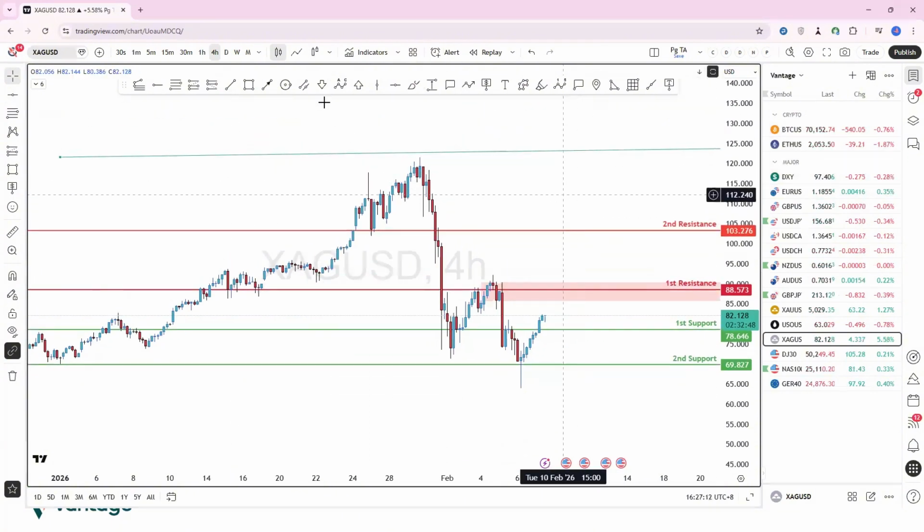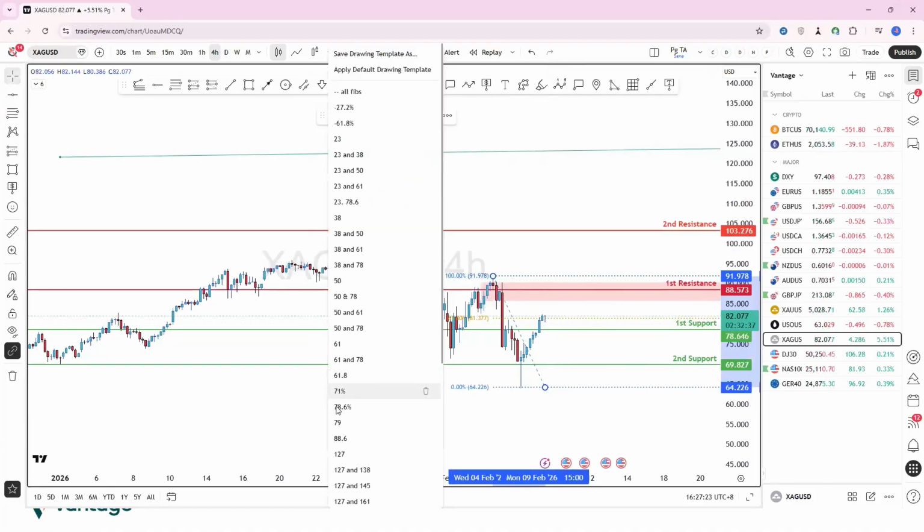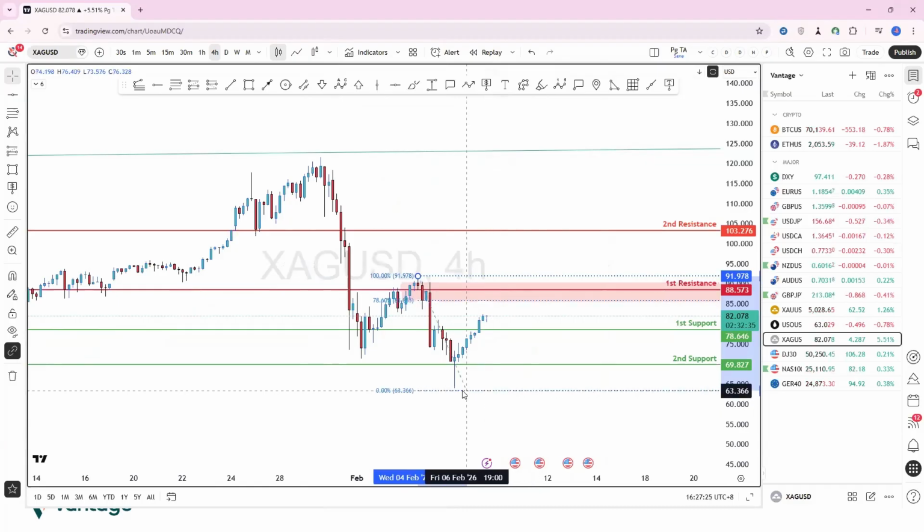Second resistance. We're gonna use the Fibonacci. That one should be 78.6% in the zones.